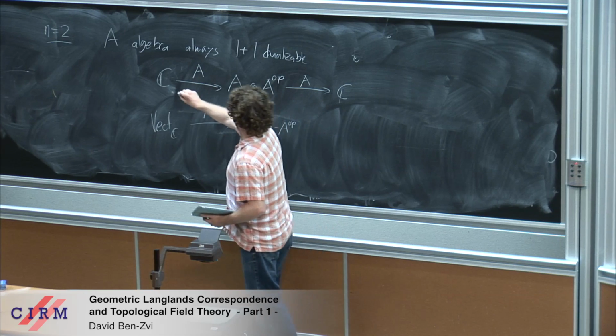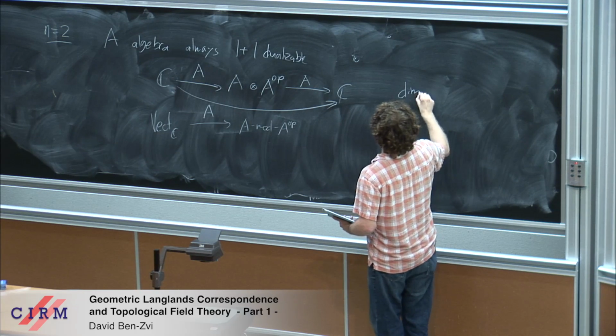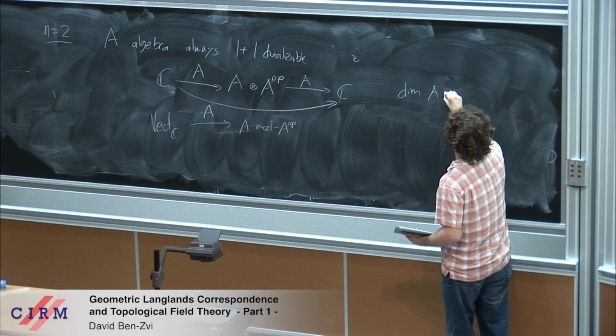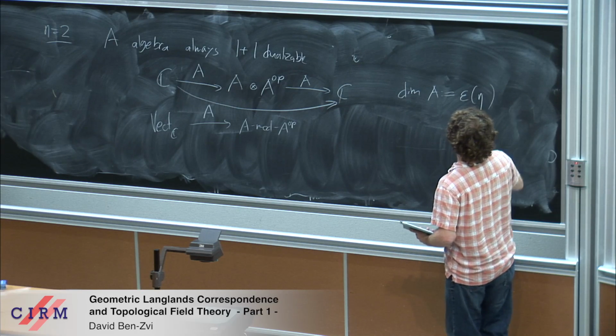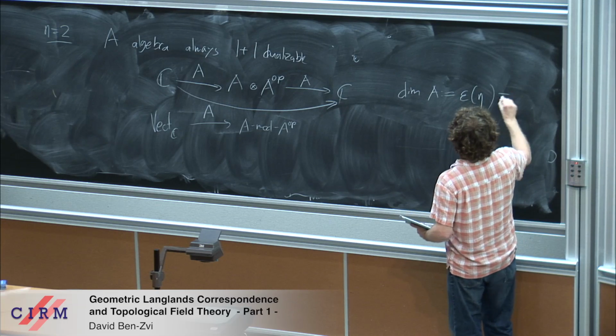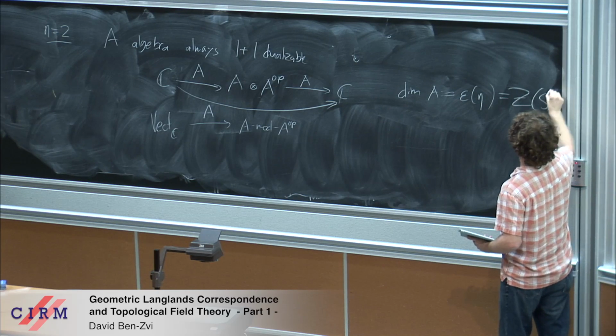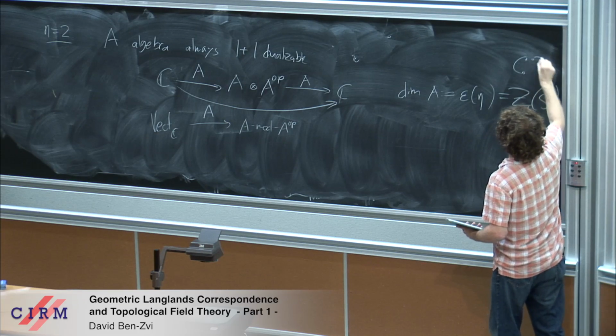And if you calculate the dimension of A, so what is the dimension of A in this sense? By definition I'm going to take the co-evaluation of the evaluation, or it's what I attach to the circle by the same picture. And what do I get?